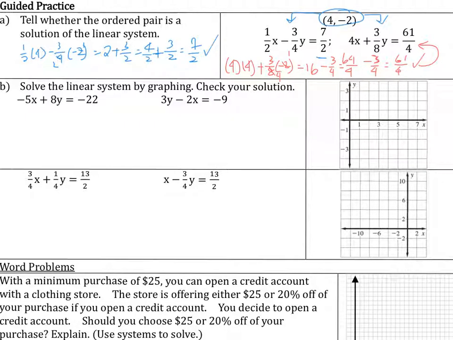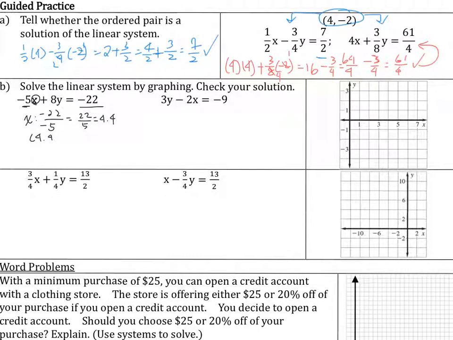So for this first equation, to find the x-intercept, I'm going to take -22 and put it over -5. And this will give me the x-intercept. And in decimal form, it will be 4.4. I'm going to change it to decimal form because it will be easier to graph later.